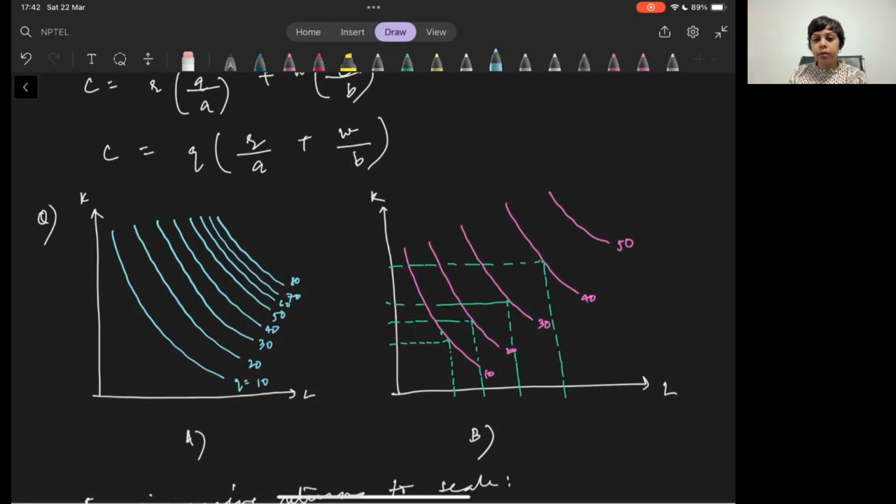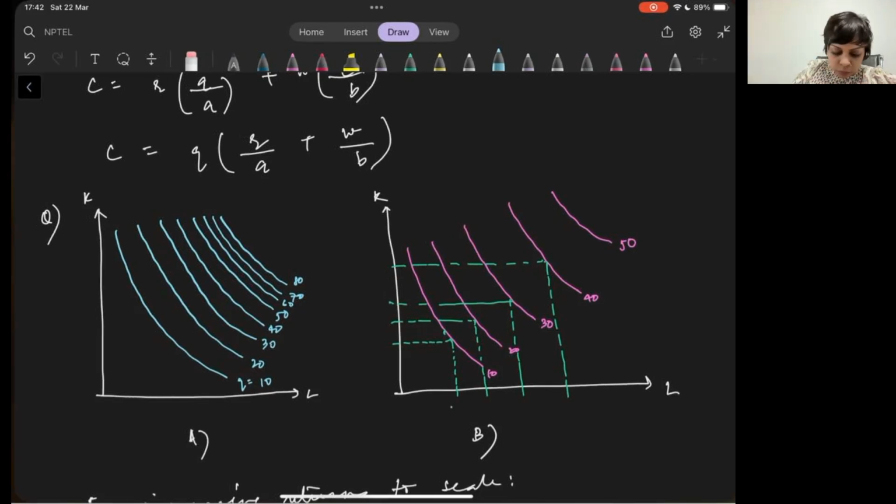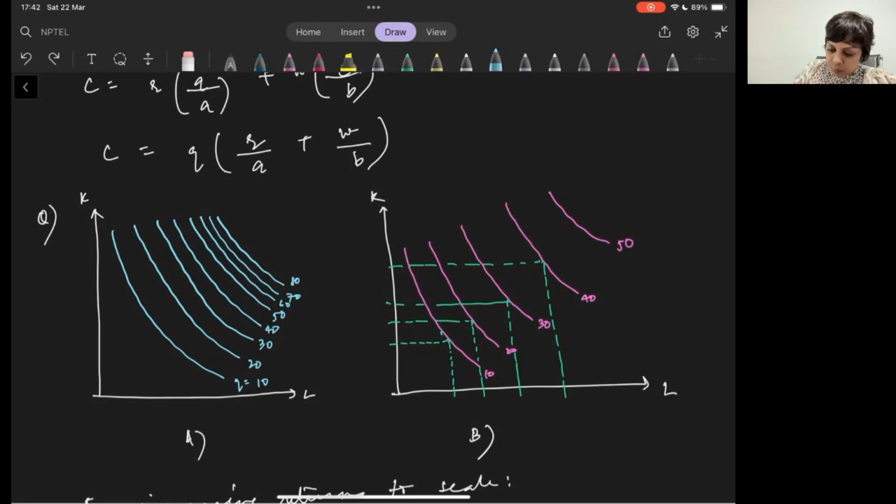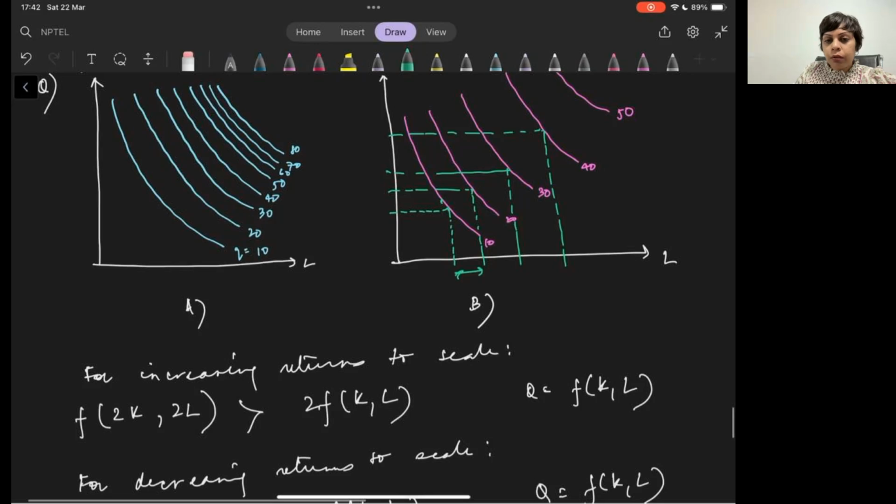See, like in this option B, where I've drawn these green perpendiculars, you can see that you're increasing inputs this much first for the first increase in isoquant from 10 to 20. Then you're increasing input by this much from 20 to 30. Then even more from 30 to 40, which means to achieve that same step of 10, you're investing more and more inputs.